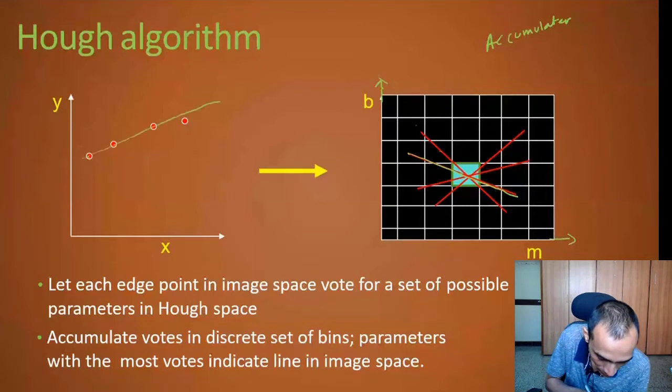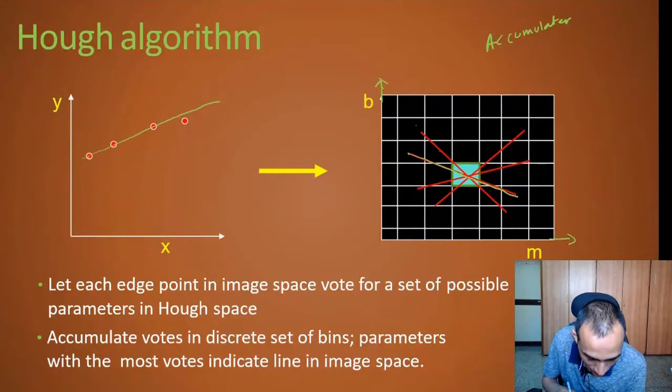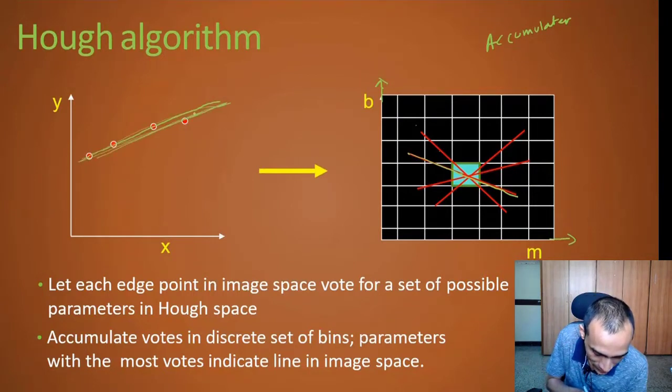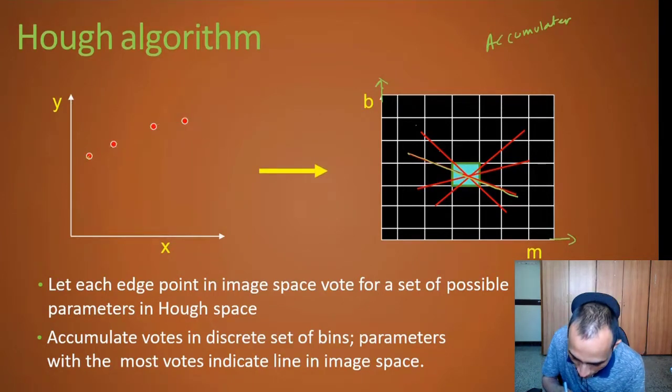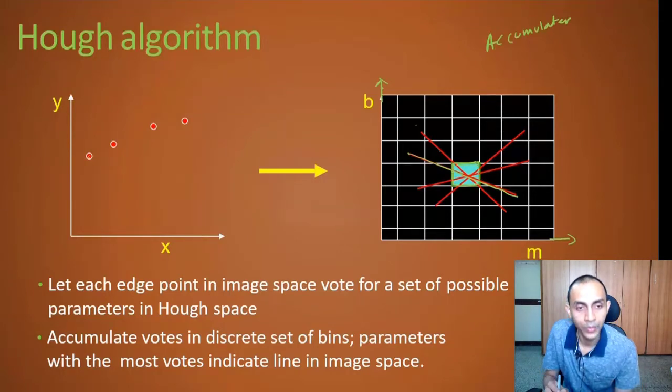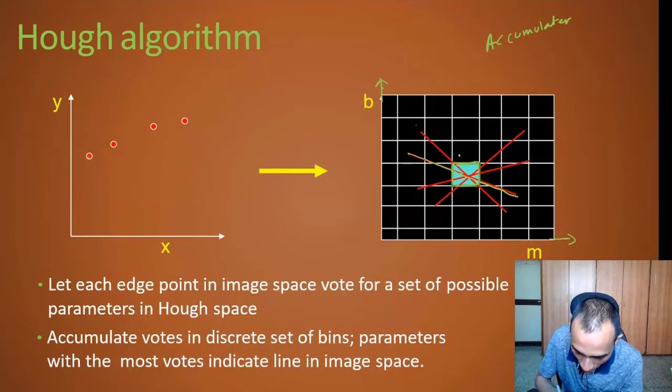Now all these points probably have a best fit line somewhere here. So this particular bin is going to get the maximum count when all these counts are tallied at the end.